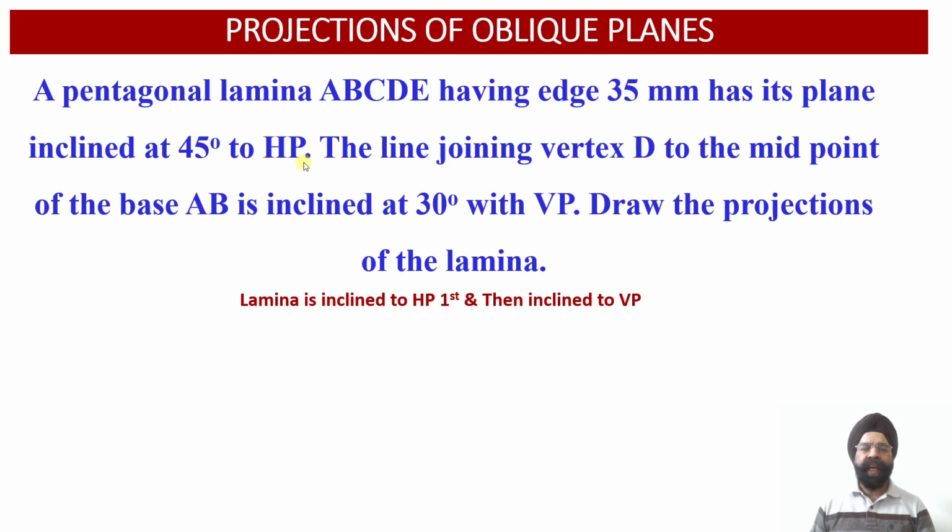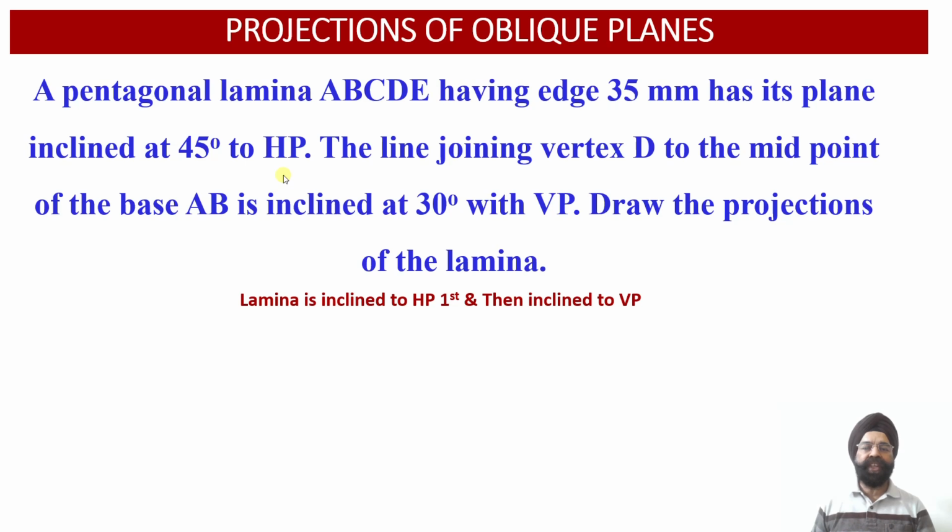And this top view true shape projection will be obtained below the XY reference line. Whereas when we look at this lamina from the front view, we are going to obtain the edge view of this lamina onto the XY reference line.